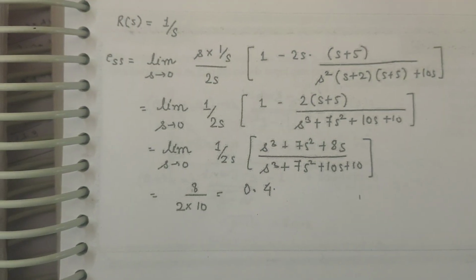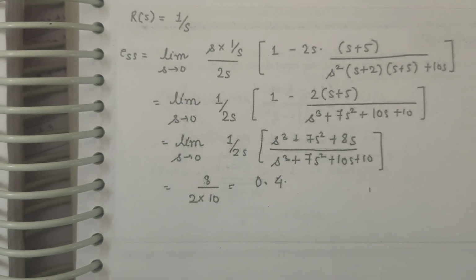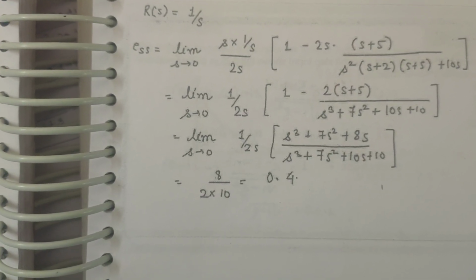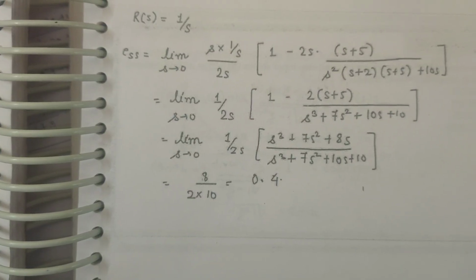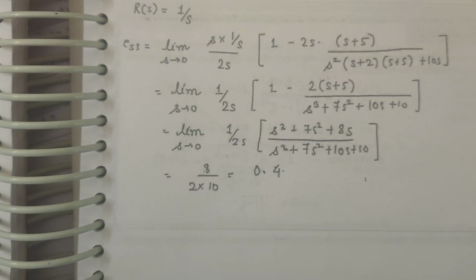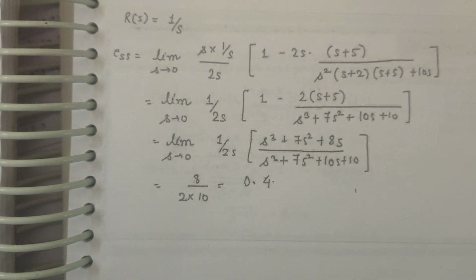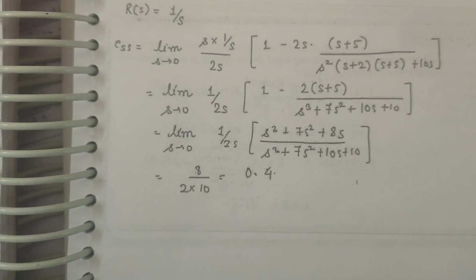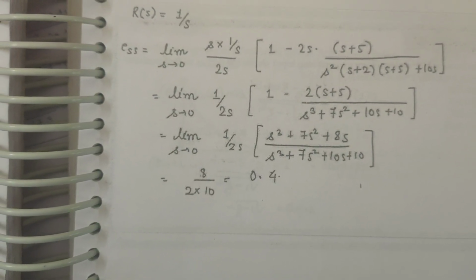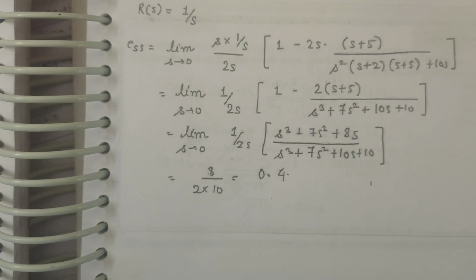Steady state error is equal to limit S tends to 0, S into 1 by S, where R of S is 1 by S, divided by S into KH, where KH is equal to 2, 1 minus 2S into the overall transfer function, which is S plus 5 by S square into S plus 2, S plus 5 plus 10S. Now limit S tends to 0, the S get cancelled and 1 by 2S.